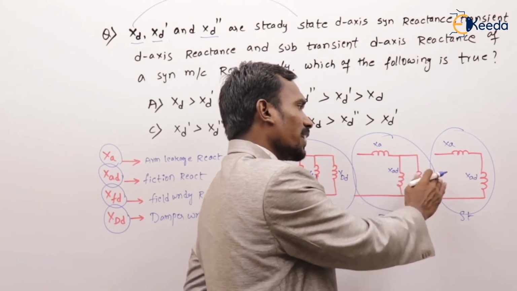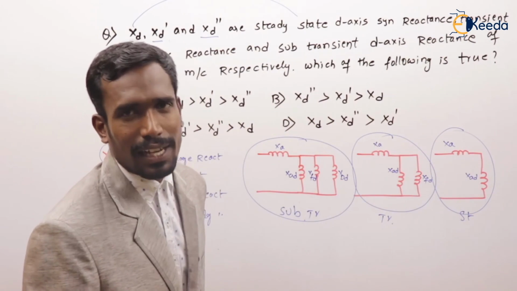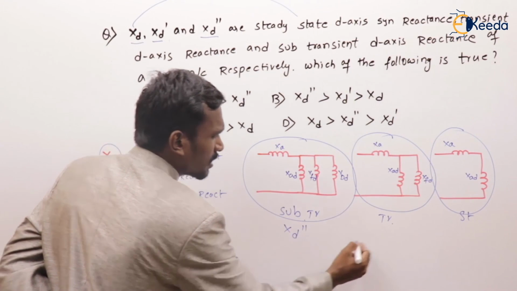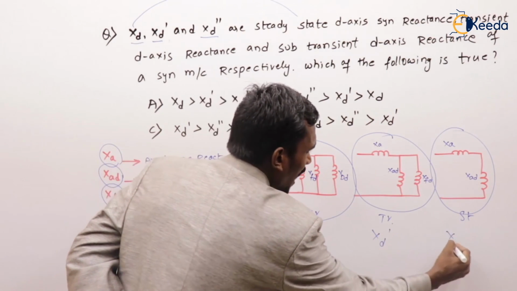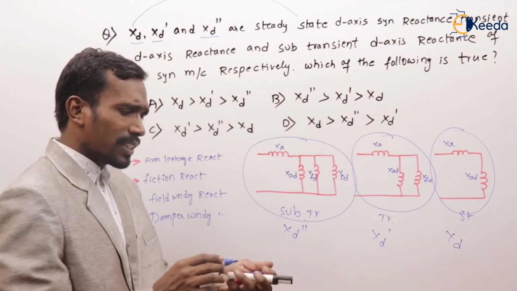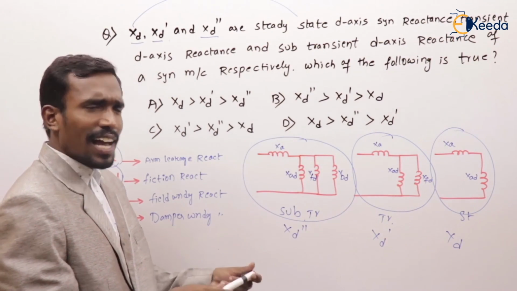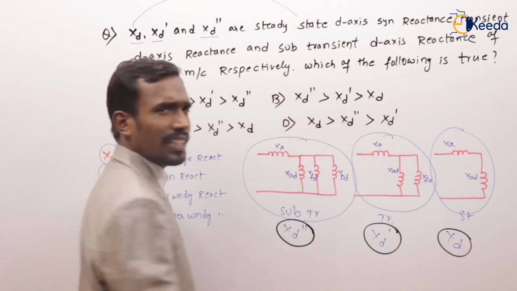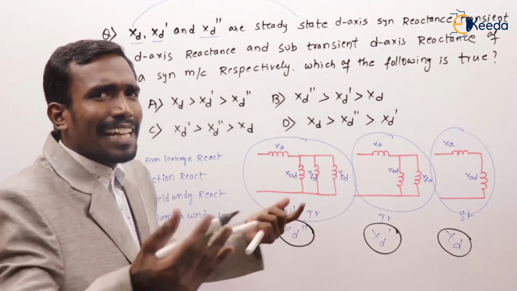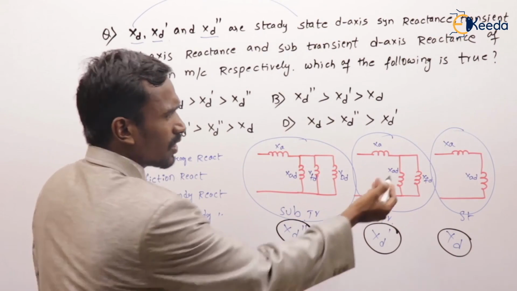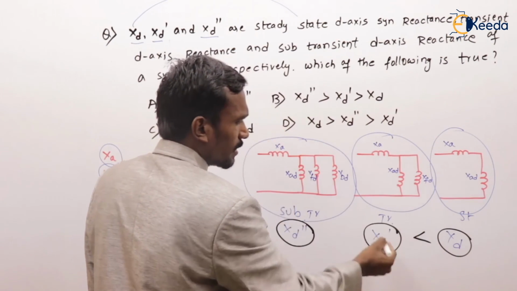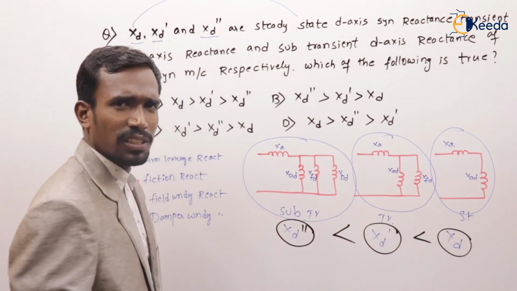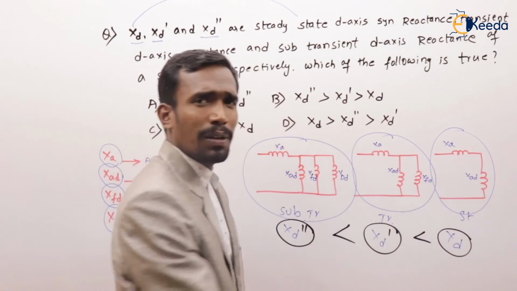In steady state, there are no damper winding and field winding reactances. So this is XD double dash, this is XD dash, and this is XD. Now which is greater, and which is the least one? Generally this is the greater one, and then this, and the least one is XD double dash.